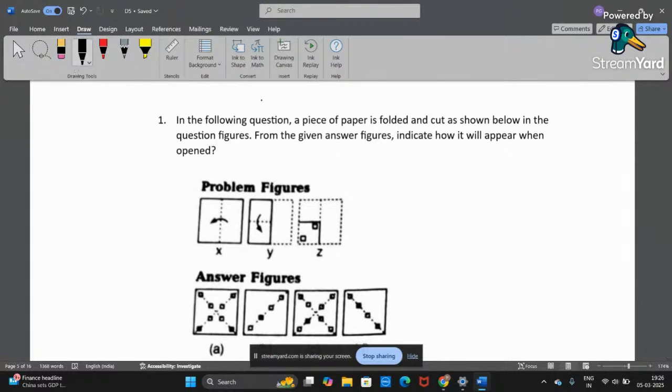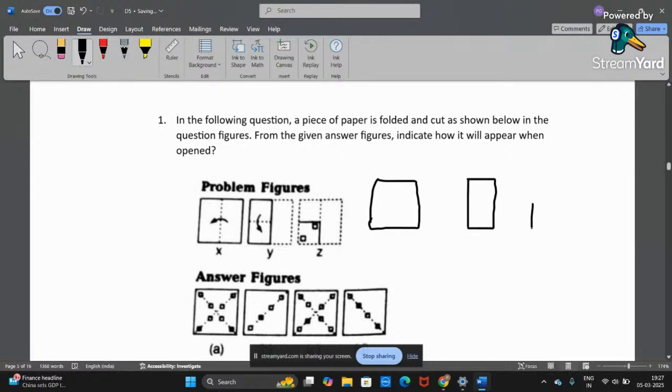First, let's draw it here. This is a sheet of paper. Just for one or two times, just practice with the paper itself. The piece of paper is a square. Then this is folded in the form of a rectangle. That means they're folding, so that shape will be like this. Then again they're folding.